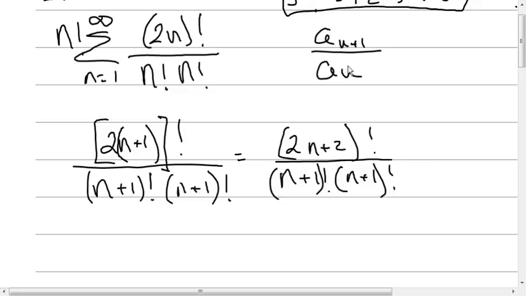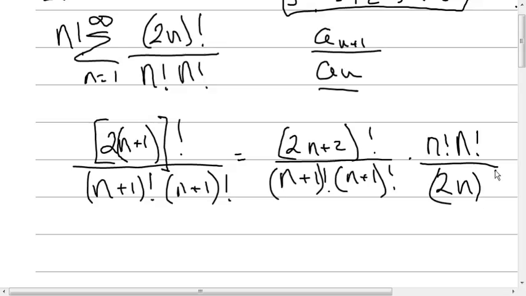But now we make our ratio, and remember the first thing we're going to do is simply invert this a sub n term, this thing right here, and multiply it by this. So let's just do that. N factorial times n factorial, I'm taking the reciprocal of it, and 2n factorial. Now the whole reason this is interesting and good to deal with factorials is we get to cancel the bejesus out of things.